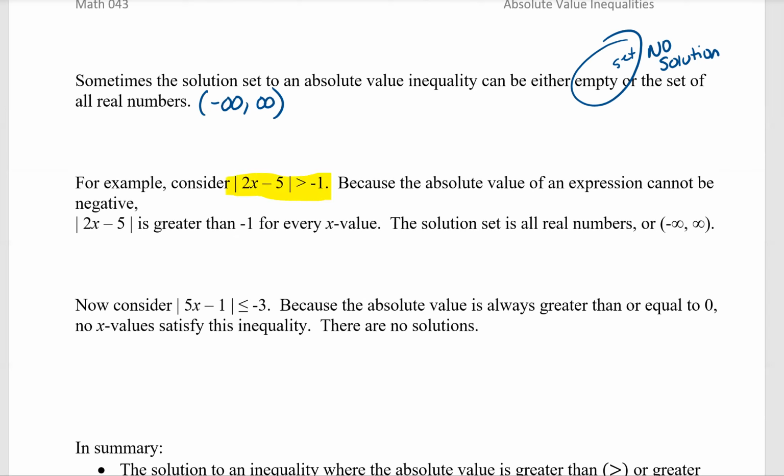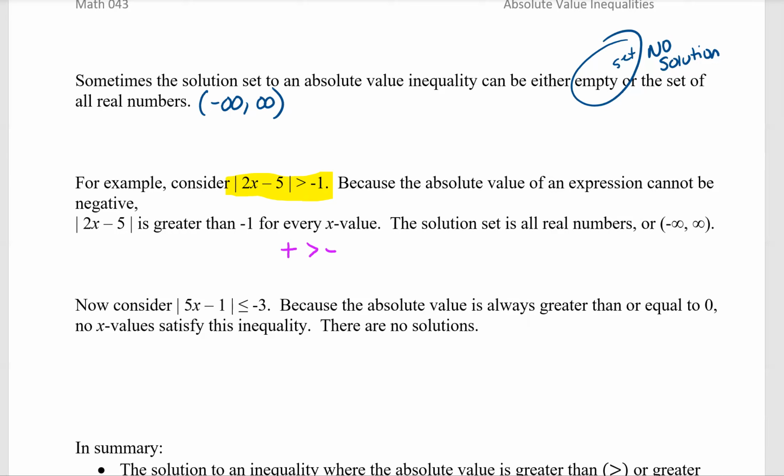Consider this example. We have an absolute value that's greater than a negative, which again, if we think logically, we have a positive greater than a negative, which is always true.